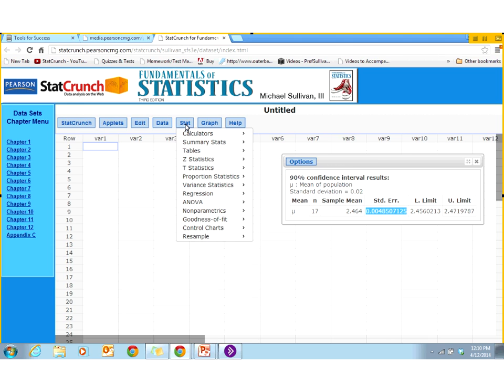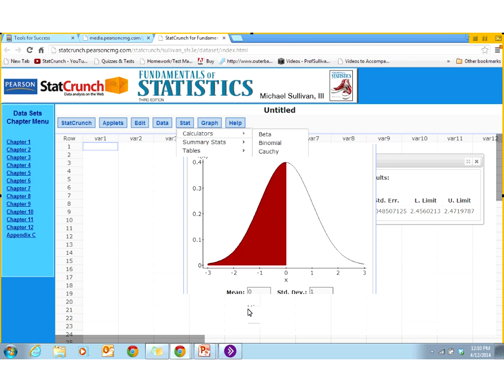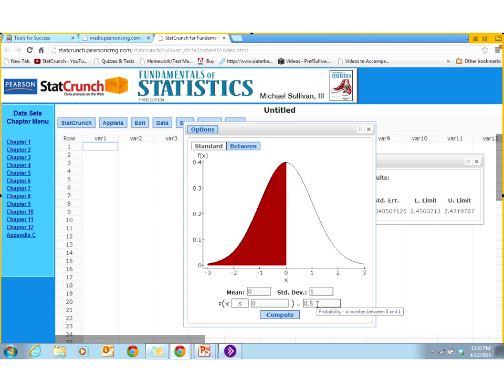Oops, I wanted the wrong one. Calculator. Let's go back to our normal calculator so we can visually see this. So when we have a 99% confidence interval, our z of alpha over 2 is going to be 1 minus 0.99, which is 0.01, and then we take that 0.01 and divide by 2, and we should get 0.005.